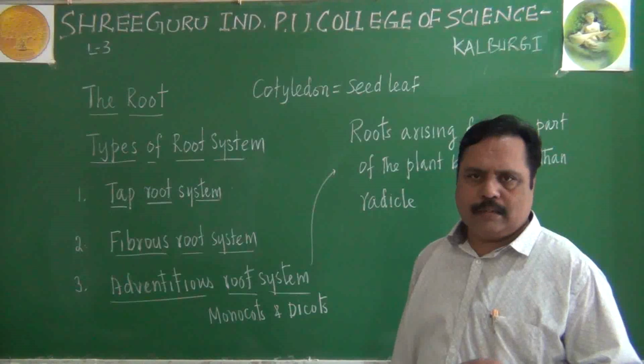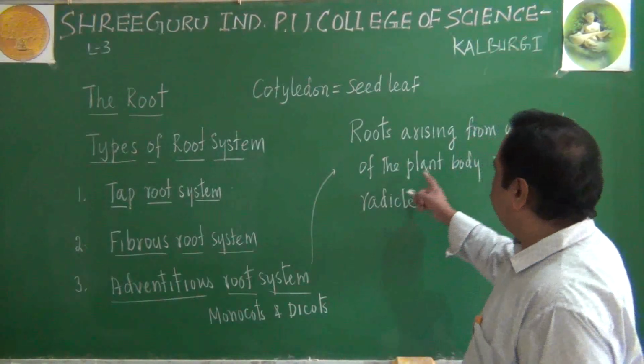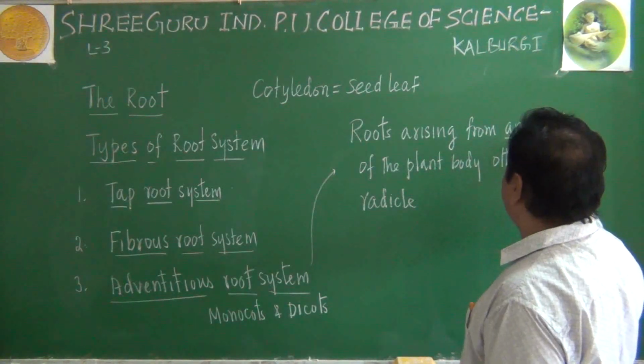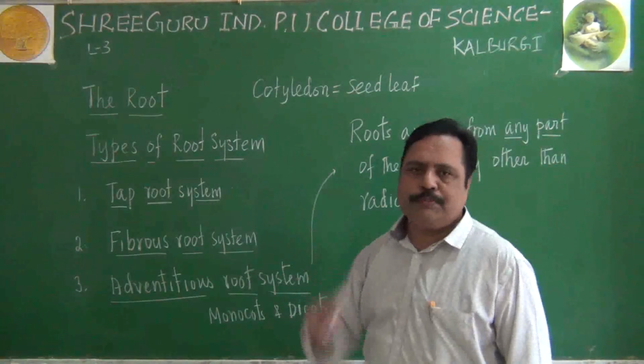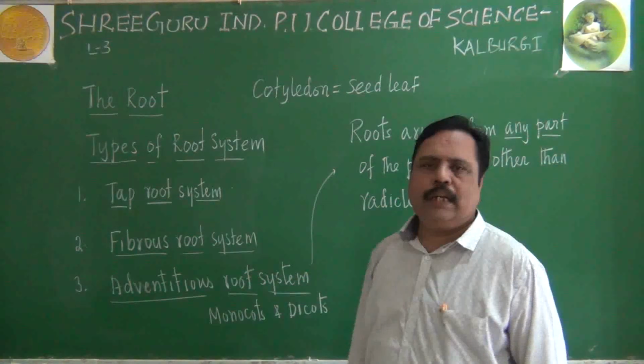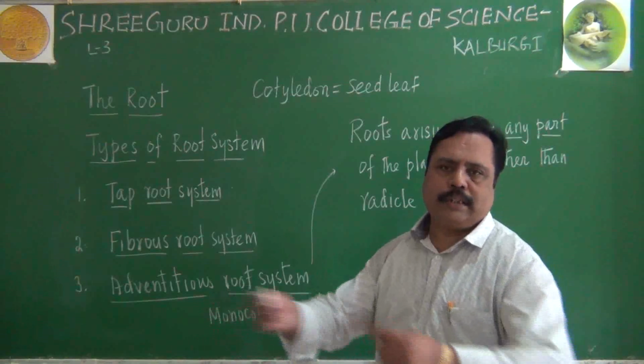Instead of radicle, if any other part of the plant body gives rise to roots, that will be called adventitious root.